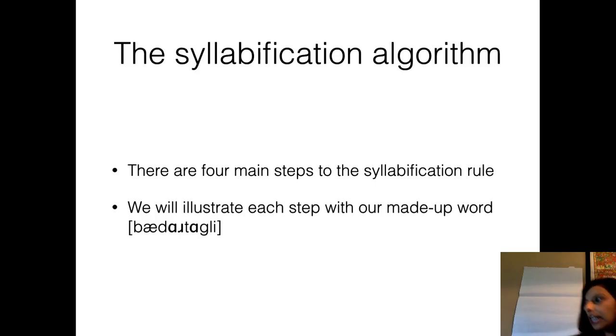And so the syllabification algorithm, there are four main steps of the syllabification rule. And what we will see is that we will illustrate this with our made-up word, bad art tugly. And I highly recommend you to do this at home with me as I'm doing this on the board. But what we first do is we write the word, leave some space because we will be writing stuff up.